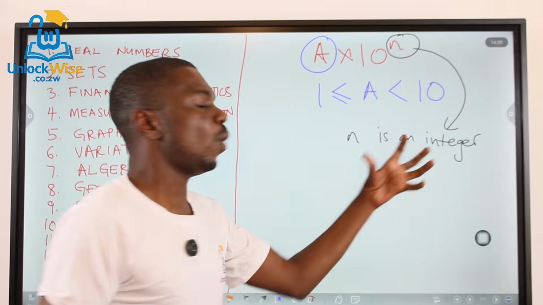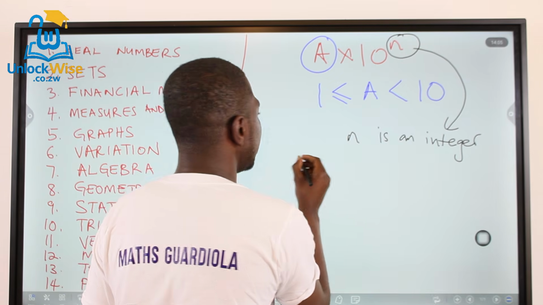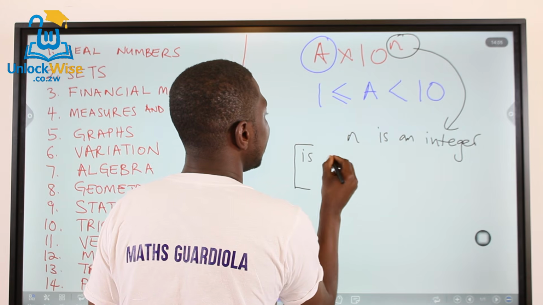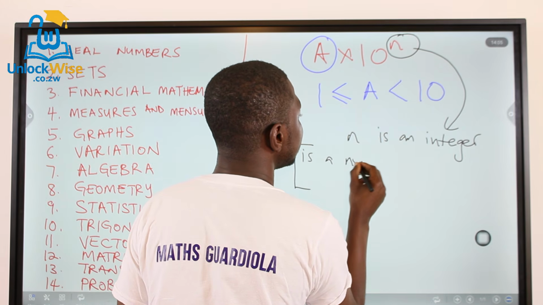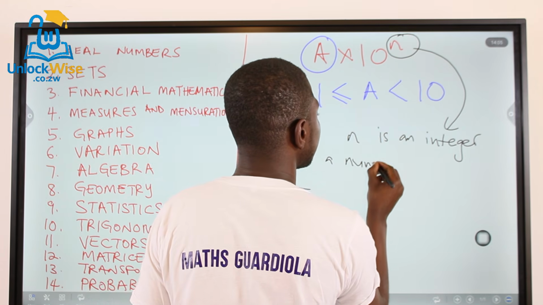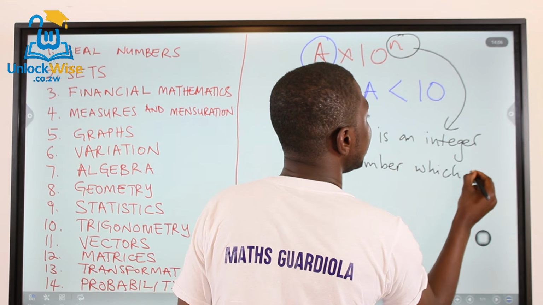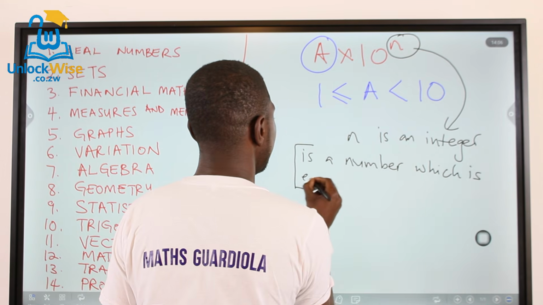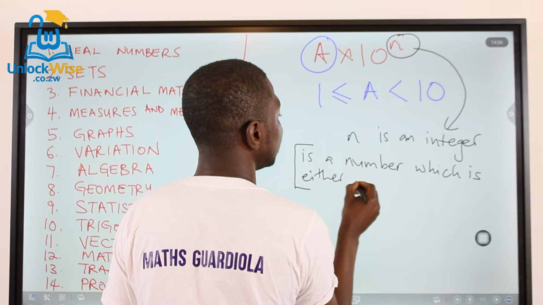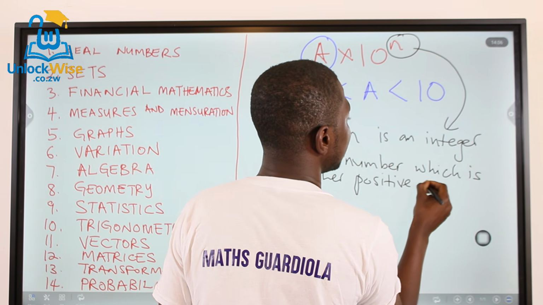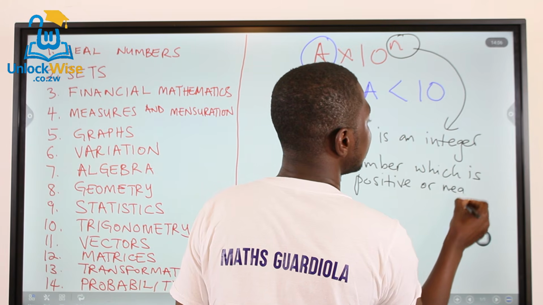Now, what is an integer? An integer is a number which is either positive or negative.